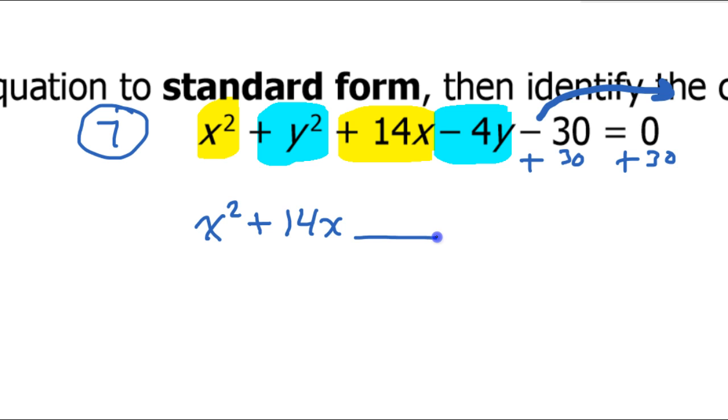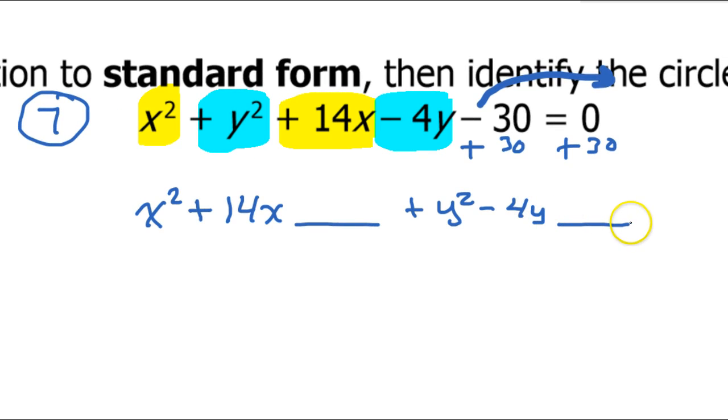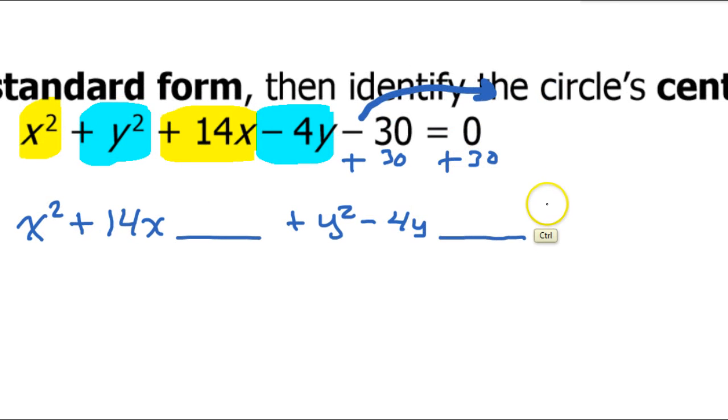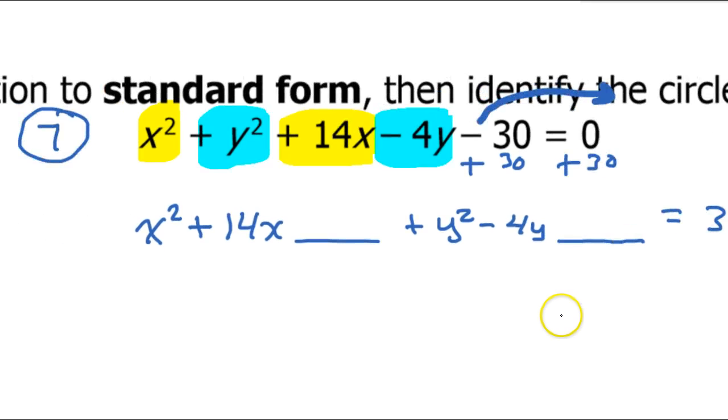That's where the blank goes, where the constant term goes. And I'm going to do the same thing with the y's. So I'm going to have my plus y squared, so there's my squared term, and then minus 4y. There's my y term. That's where the blank comes. Now I moved that 30 over to the other side, so I'll have equals 30 like that.